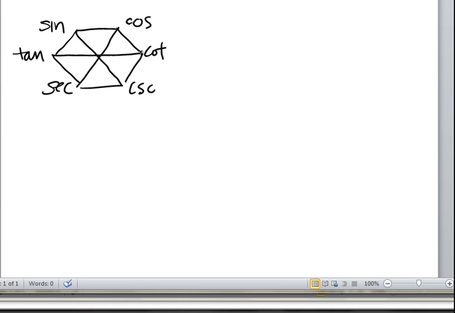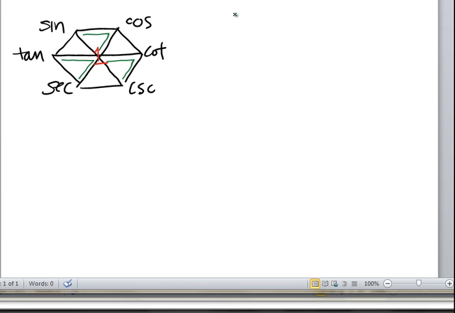Well, if you notice here, I have a bunch of triangles inside my hexagon, right? And if I go corner to corner, there's only 3 triangles that I can write the number 7 in, right? This one, and this one. Okay, and in the middle, I'm going to put the number 1. This is going to help me with my Pythagorean identity.